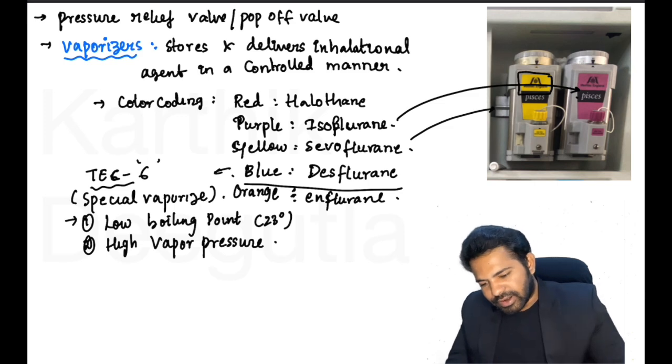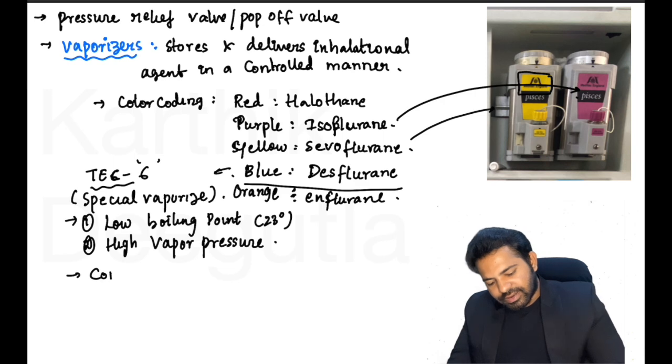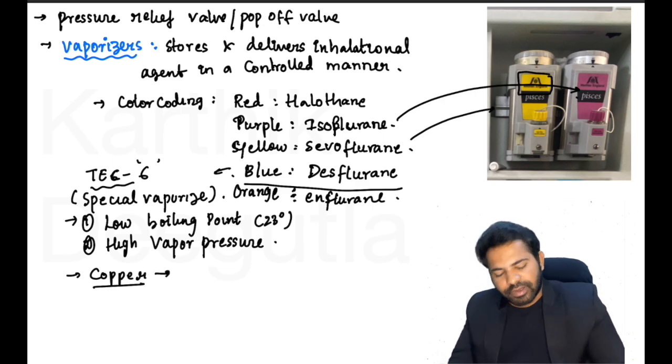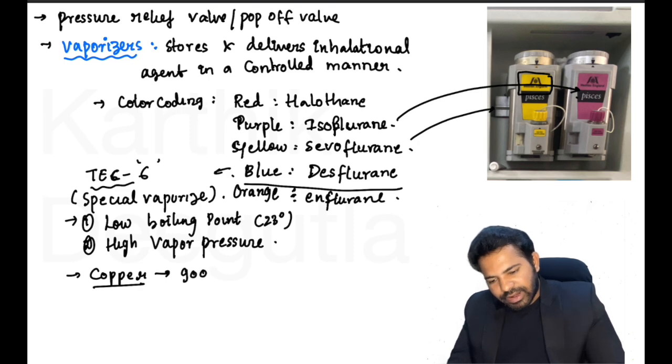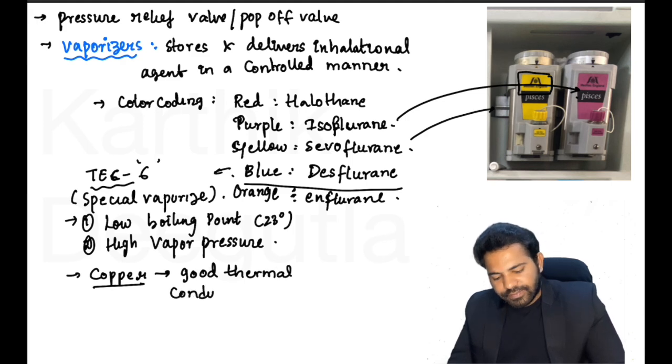This is most important. Then what metal are the vaporizers made of? The vaporizers are made of copper. Why copper? Because copper has good thermal conductivity as well as specific heat.